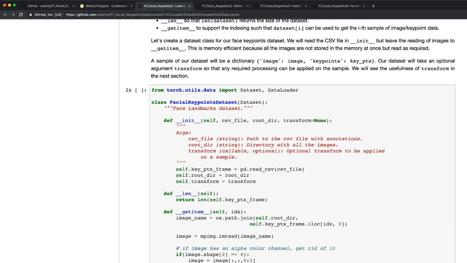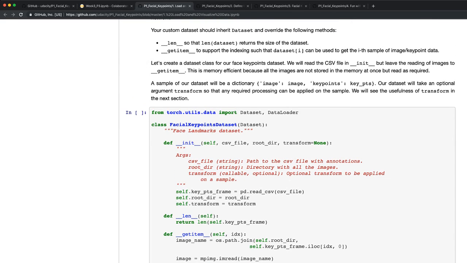So for people that are not really familiar with Python, we create objects, and here we define a class, which is a data set. These kinds of things are super interesting and useful tools we have in the Python language. So this __init__ is basically what we call constructors in other programming languages, and it is automatically called when an object of this class is created.